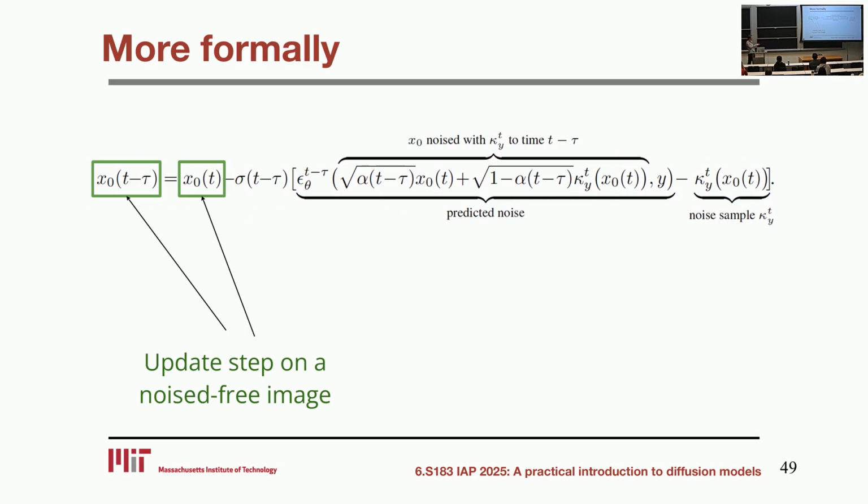The right part is basically a rescaled version of a difference between predicted noise on something, we'll go to what it is, minus the kappa that we added, right? So you can probably already sense some common noise here.